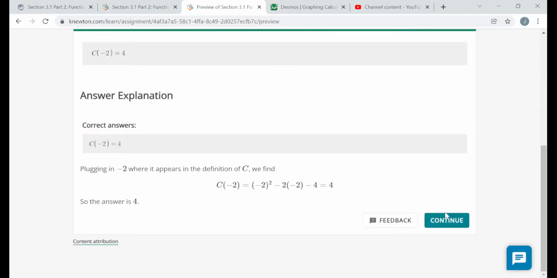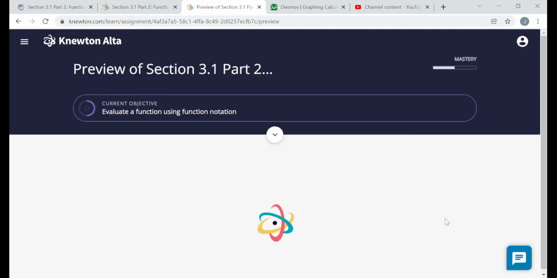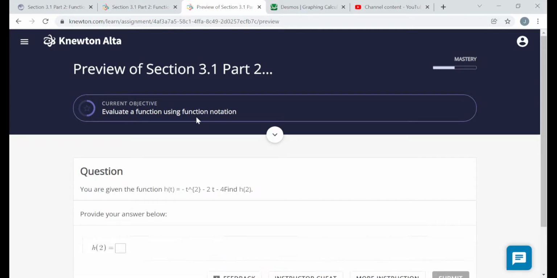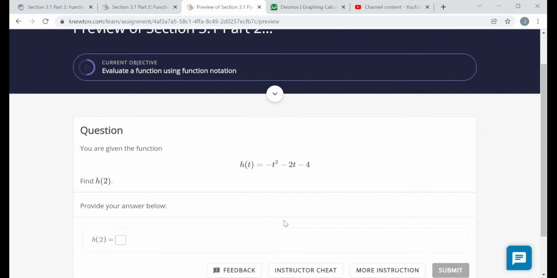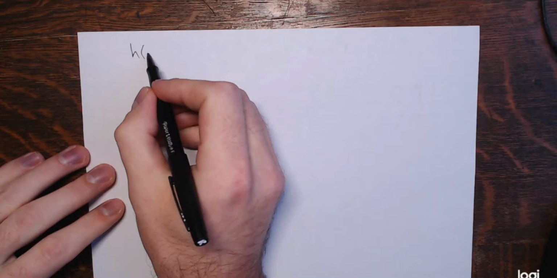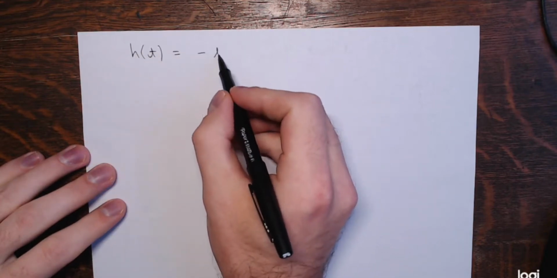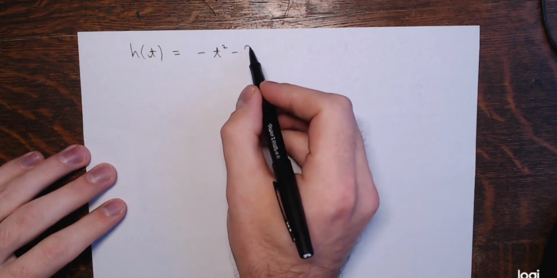Okay, simple enough, I feel. All right, this again. Once again I'll write this out. We got a function called h. H of t equals the opposite of t squared minus 2 times t minus 4.